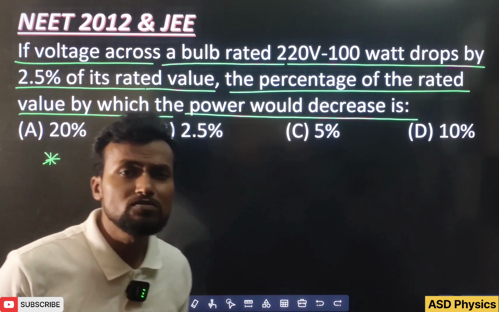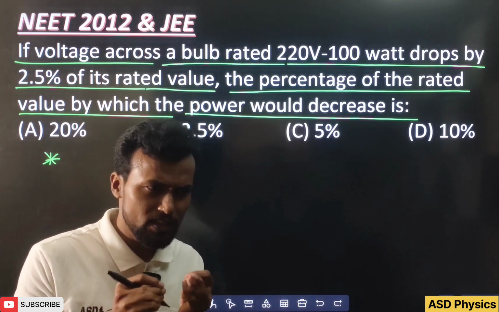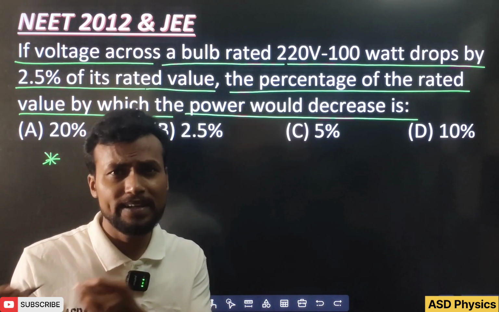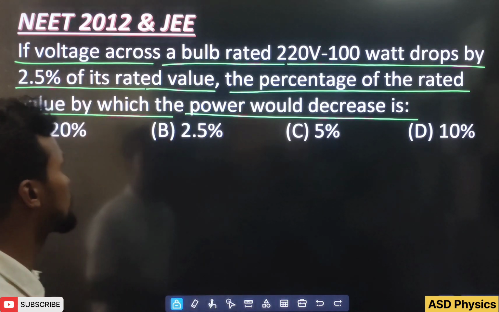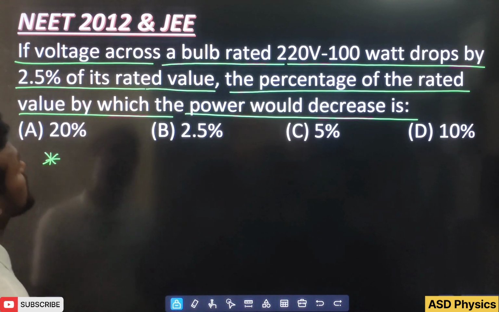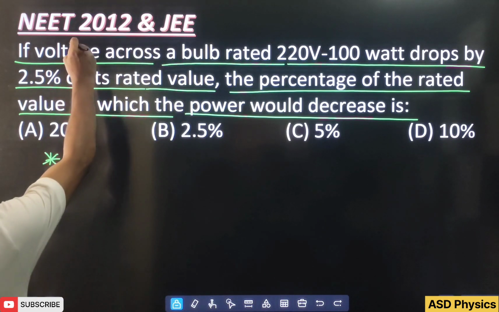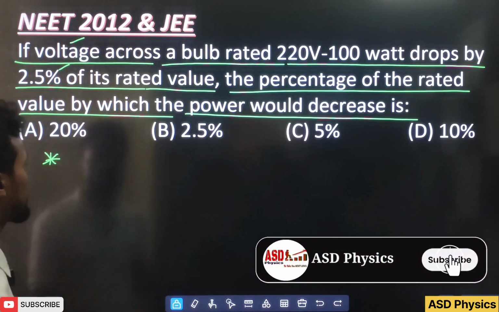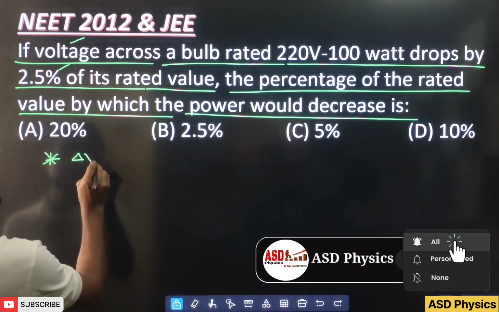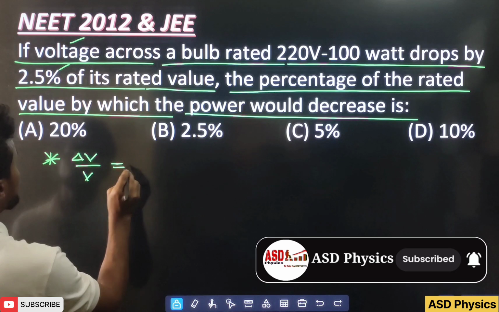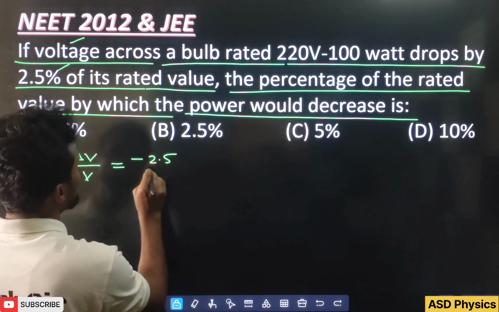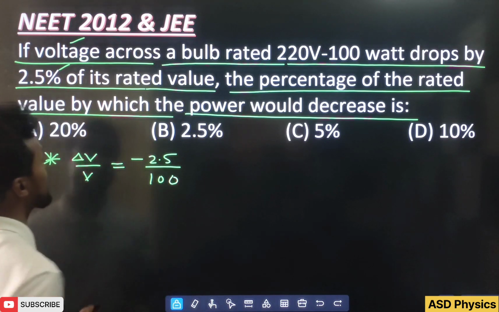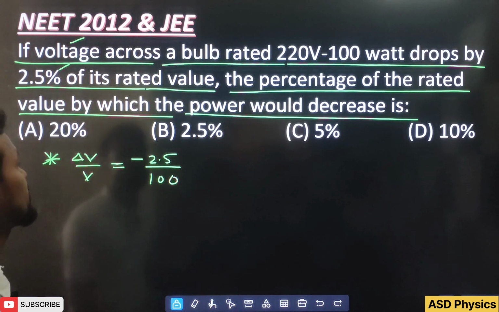Here we are going to use one approximate formula, because whenever this error, increment or decrement, is given up to 10%, that error formula we can use. That's not a big problem. The voltage drops by 2.5%. That means delta V by V is minus 2.5 by 100, since percentage means per 100.